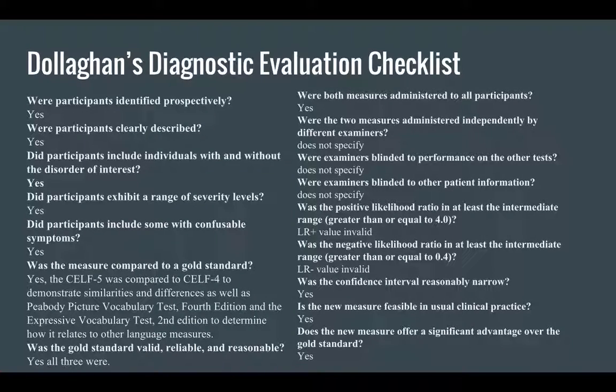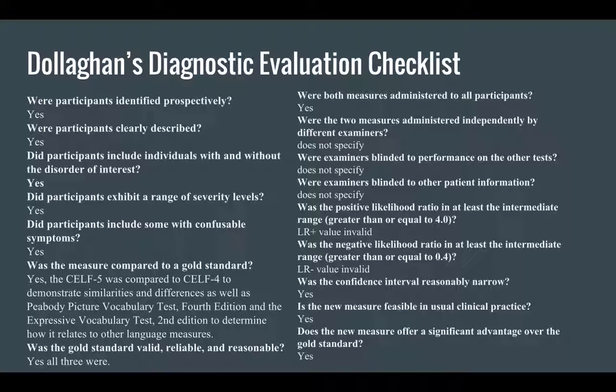So, Dollaghan's Diagnostic Evaluation Checklist. Participants were identified prospectively. They were clearly described. They included individuals with and without the disorder of interest. The participants exhibited a range of severity levels. They did include some with confusable symptoms, and the measure was compared to a number of gold standards, actually, not just one.